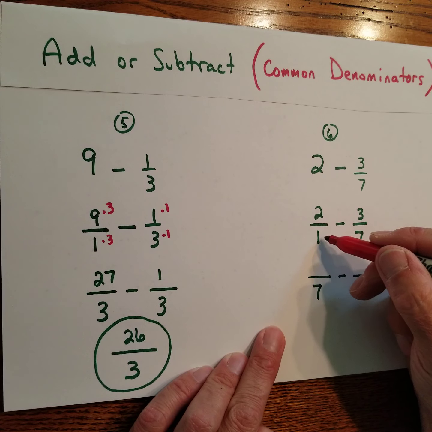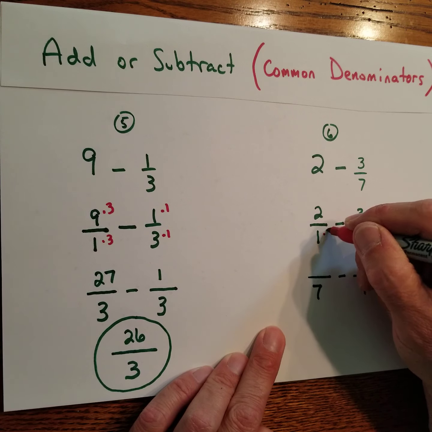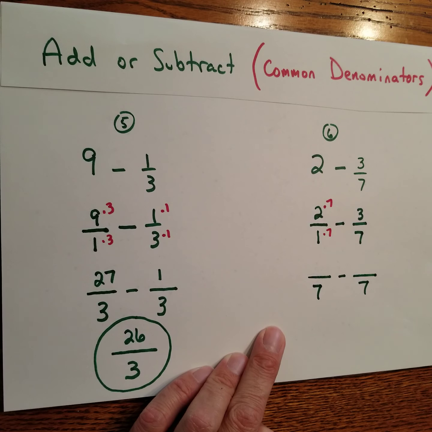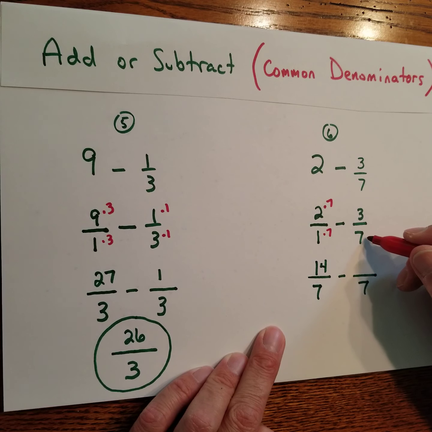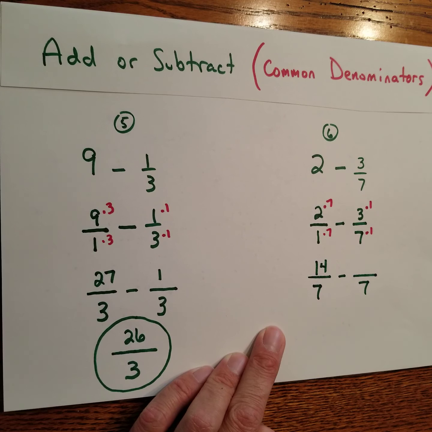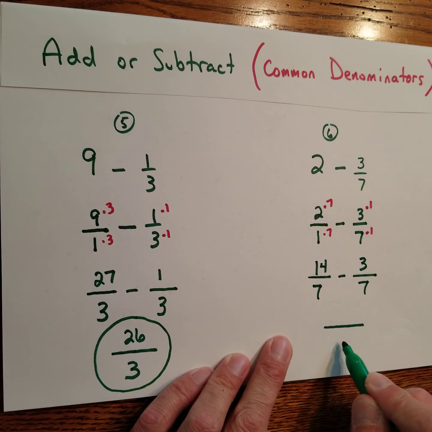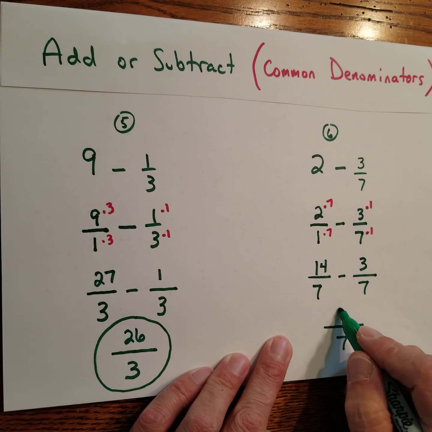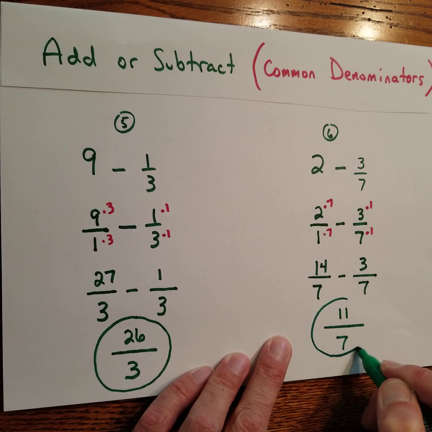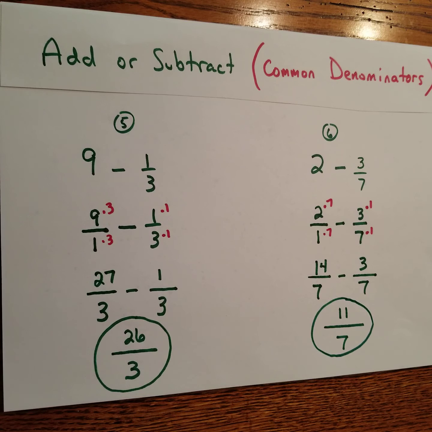What do you multiply times 1 to get 7? And what do you multiply times a number to get itself? Now keep the common denominator and subtract the numerators. Beautiful.